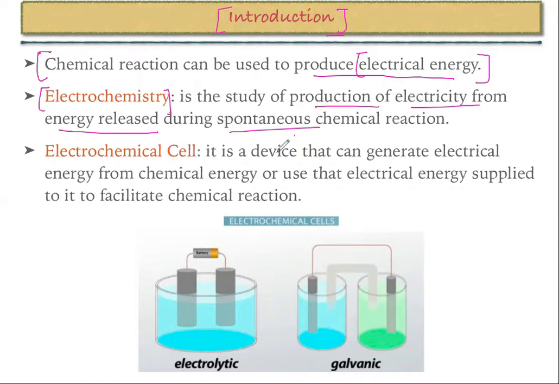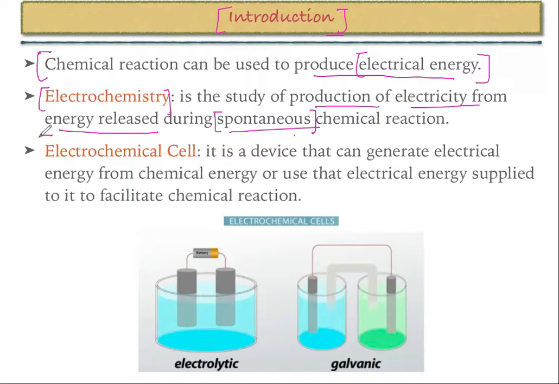So this topic deals only with chemical reactions, and those reactions are spontaneous. As we already know, spontaneous reactions occur by themselves, without any external energy. We are going to deal with what chemical reactions are involved, the anode, cathode, charge, how the electrons will flow, and also various types of devices. So let us start the topic.